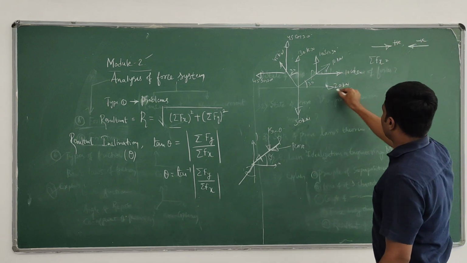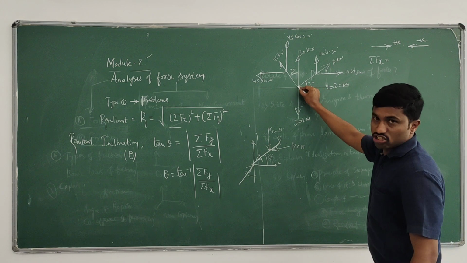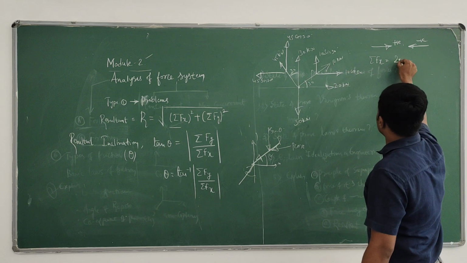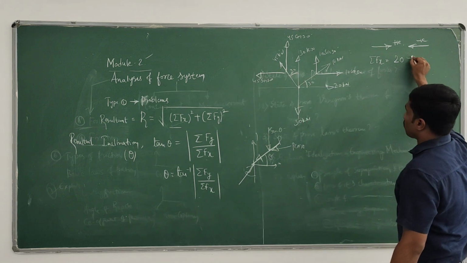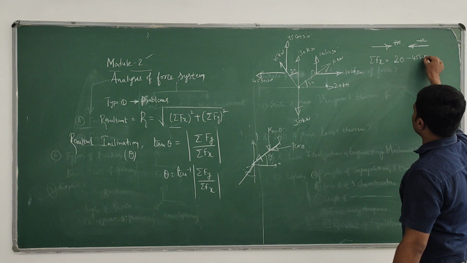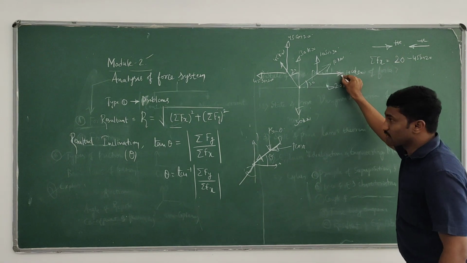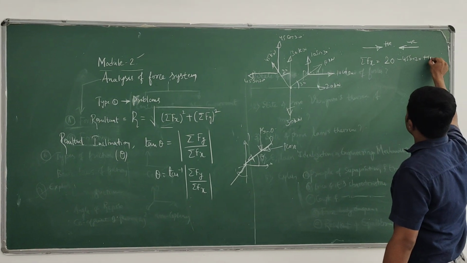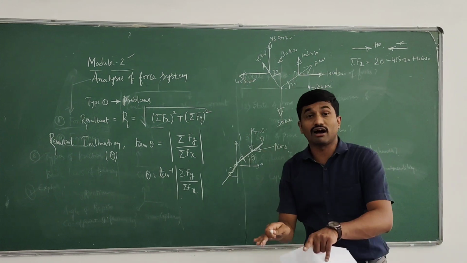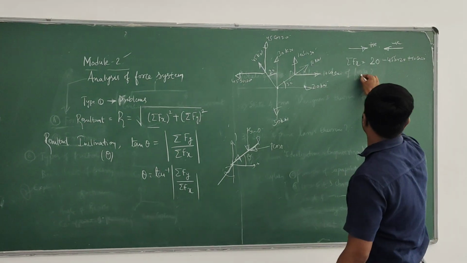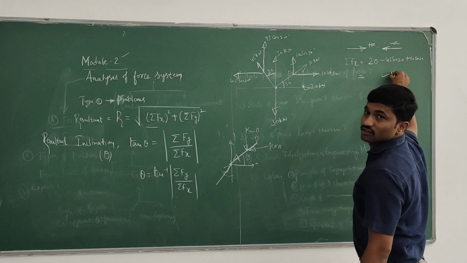If you observe here, it's acting with respect to the origin, right side, therefore 20 plus 20; this is acting left side, therefore minus 45 sin 20; it's acting right side, therefore plus 10 cos 30. 1, 2, 3, only 3 horizontal forces. Take the sum, that is sigma Fx.